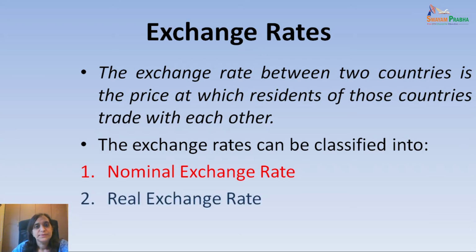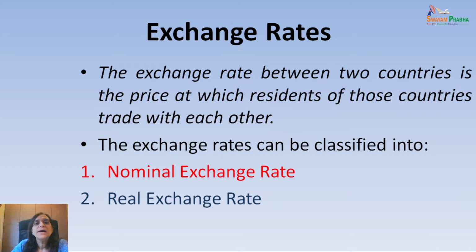Again I repeat, what is an exchange rate? Exchange rate is basically talking about the trading of currencies of two different countries, and the price at which these two currencies are traded, meaning exchanged, is called the rate of exchange, as the name itself indicates.